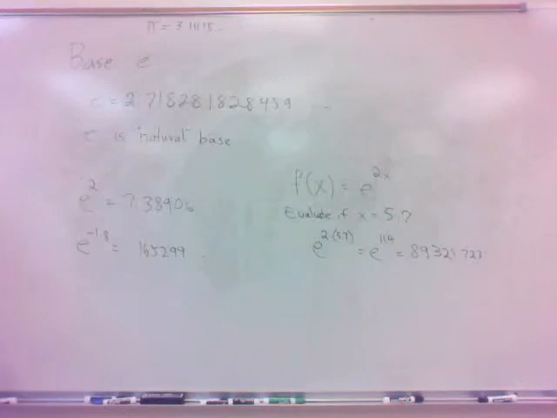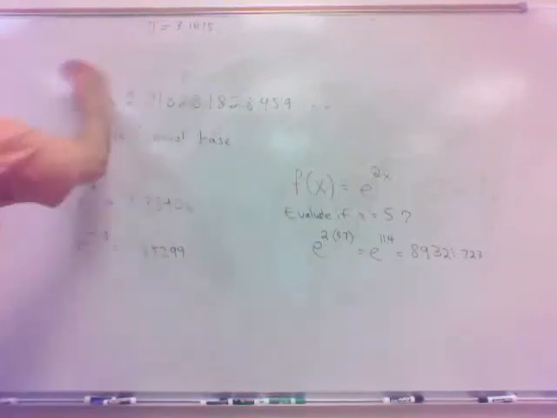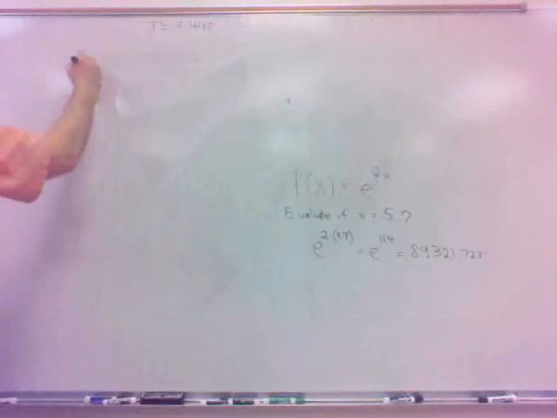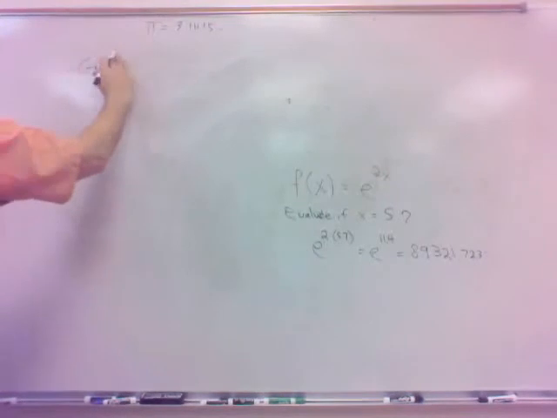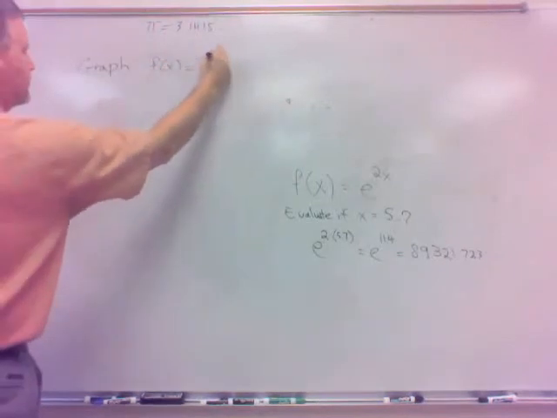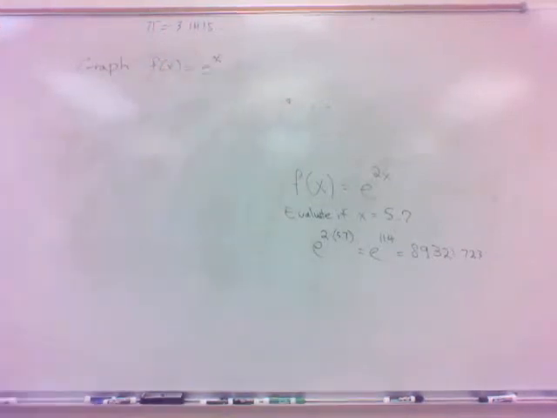All right. Well, since that is what it is, then we can graph this, can't we? What does this look like? What does the graph of that look like? E to the x.